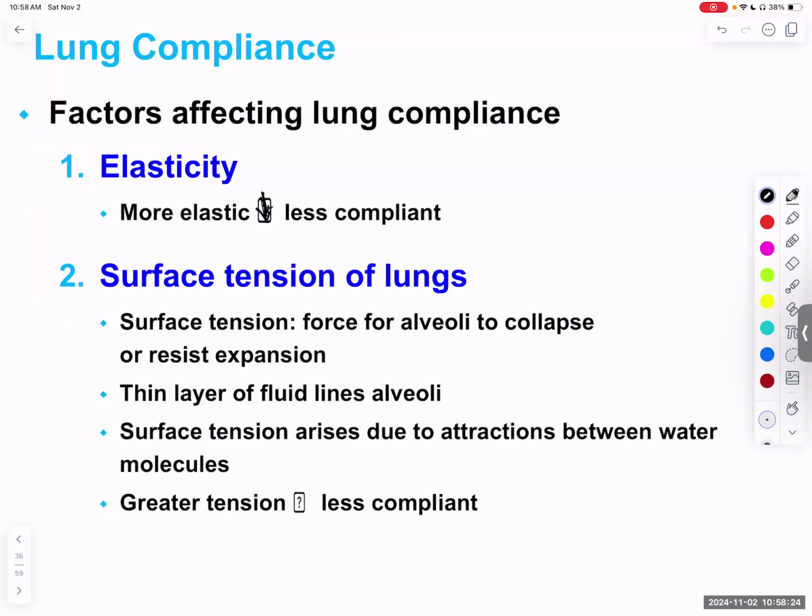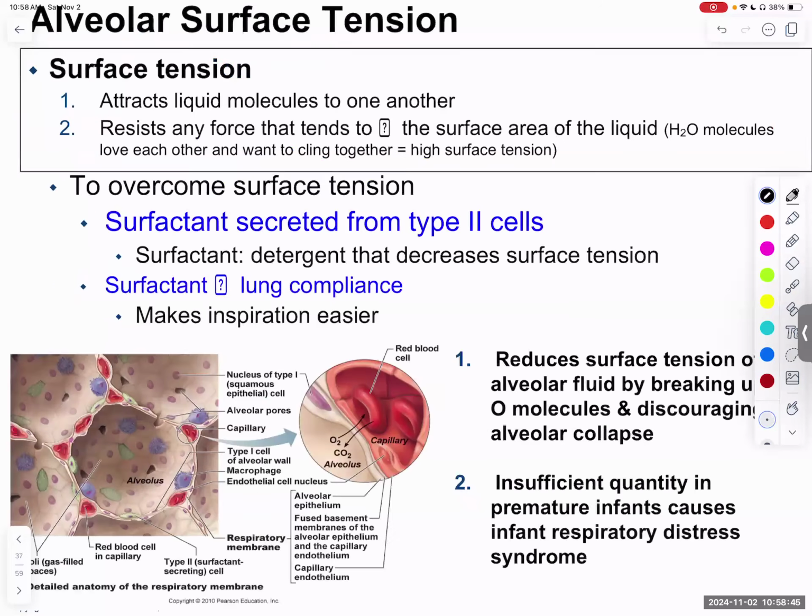Surface tension, this is if you have a decrease in surfactant, and it can also bring the walls of the alveoli in, so you can have a collapse or a resistance. It's basically going to be greater tension, less compliant.